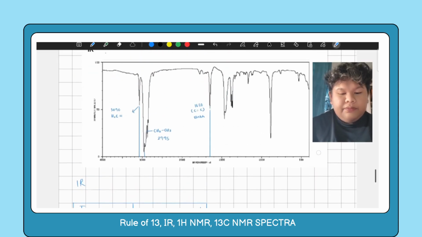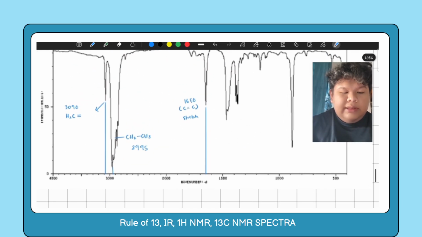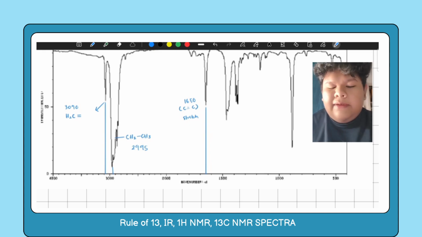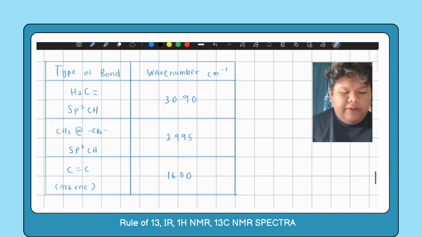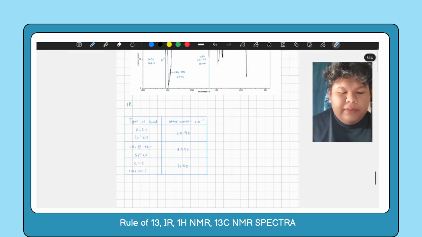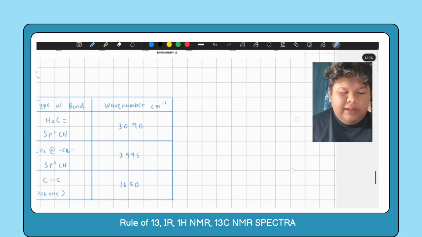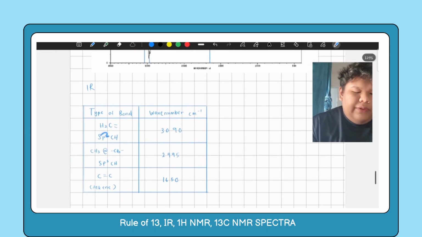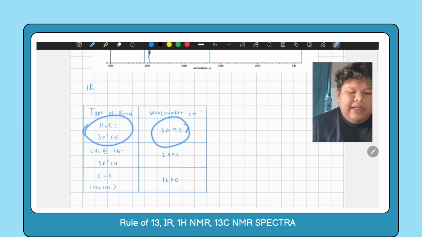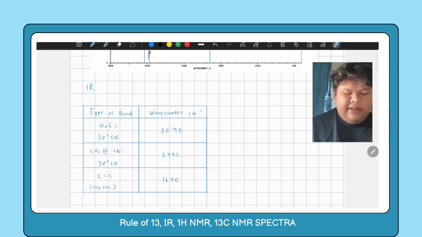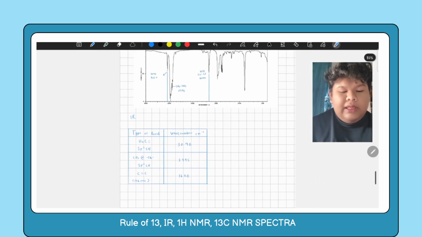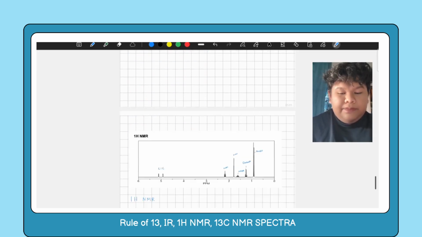And lastly, there is the carbon-carbon double bond at 1650 cm⁻¹. These are the stretching numbers for sp2, sp3, and the alkene carbon-carbon double bond. So that is all from the IR.